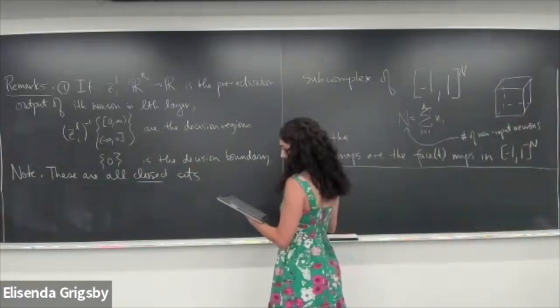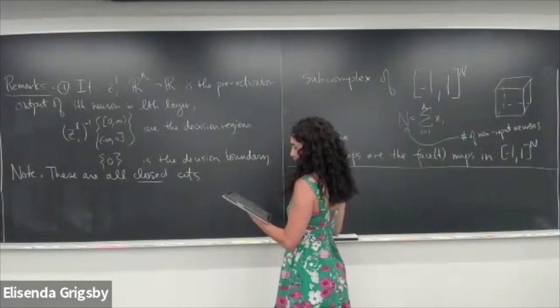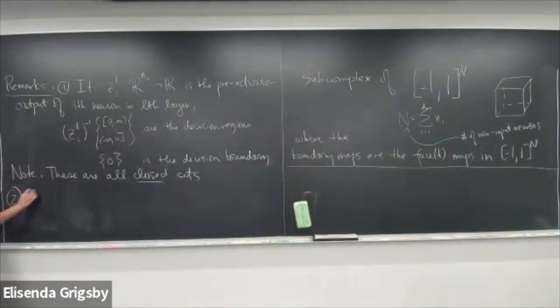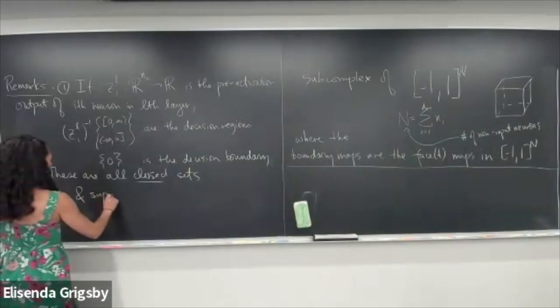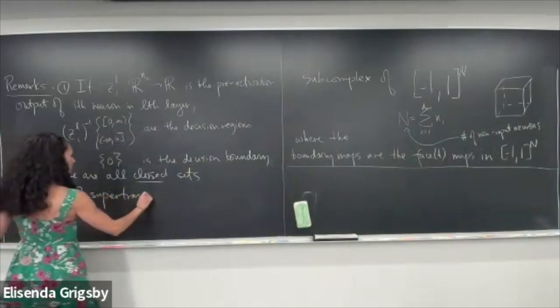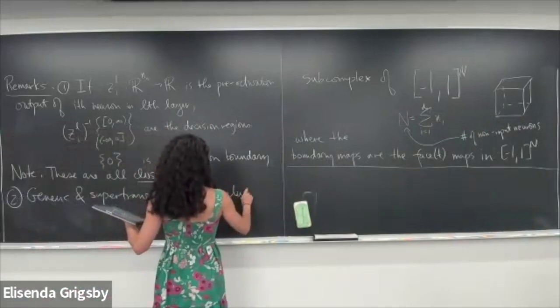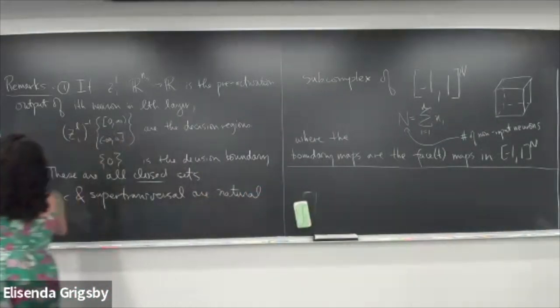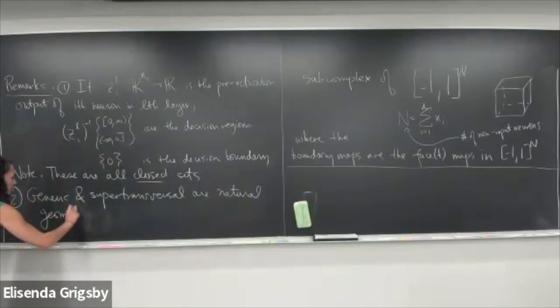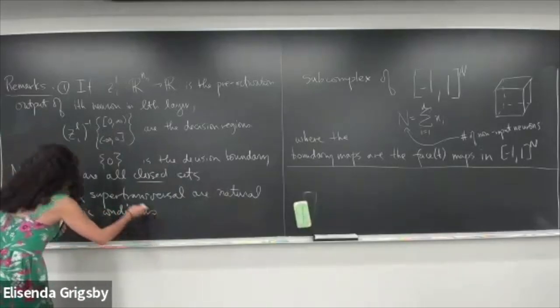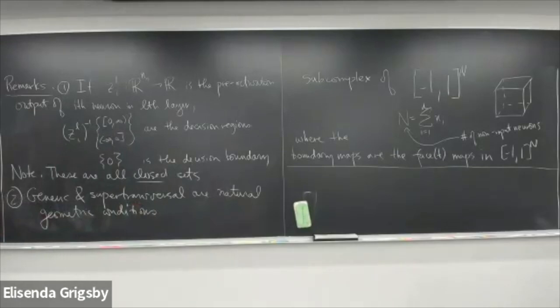And the second thing I'll say is that generic and supertransversal are natural geometric conditions on the locus of nonlinearity of this finite PL map.